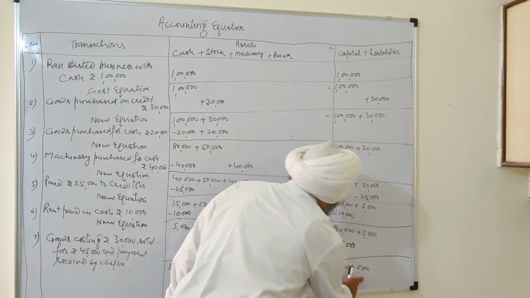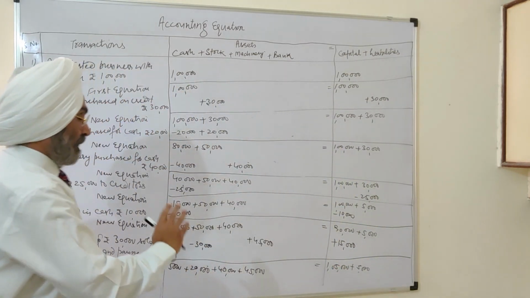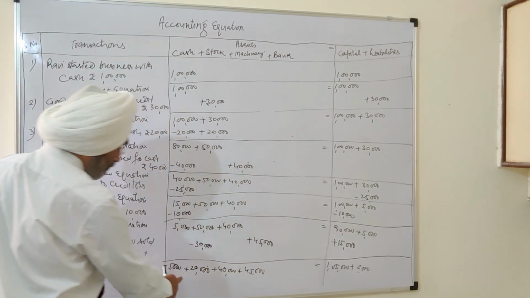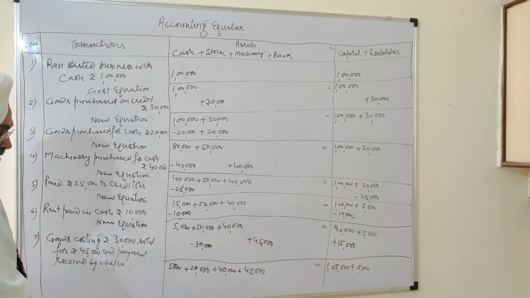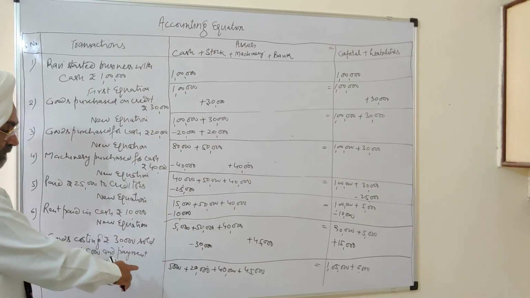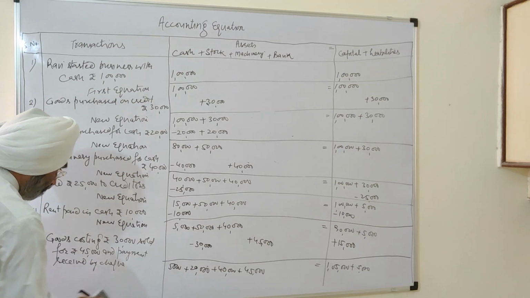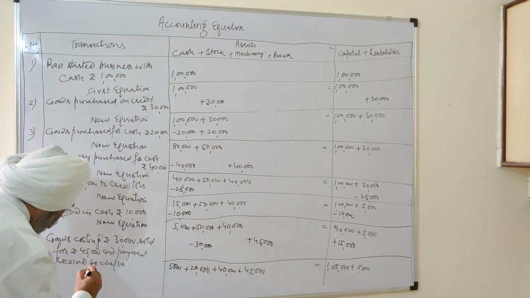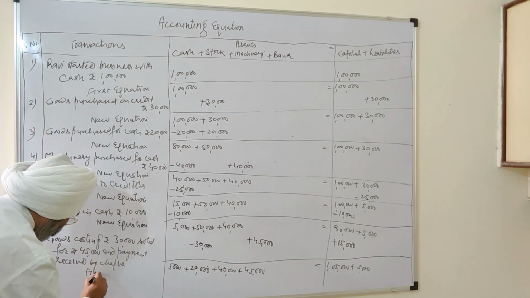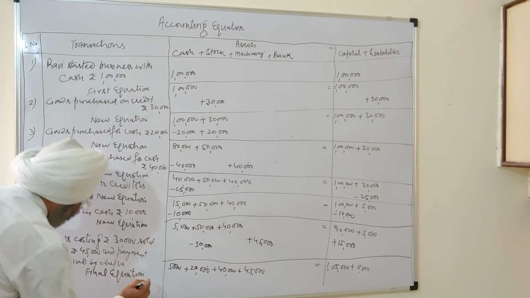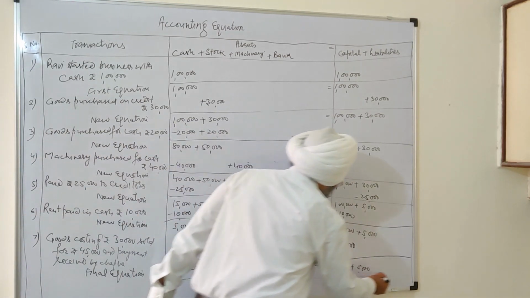So 1,10,000 capital and liabilities, and 1,10,000 will be our assets. And if our question is complete, this will be written as the final equation.